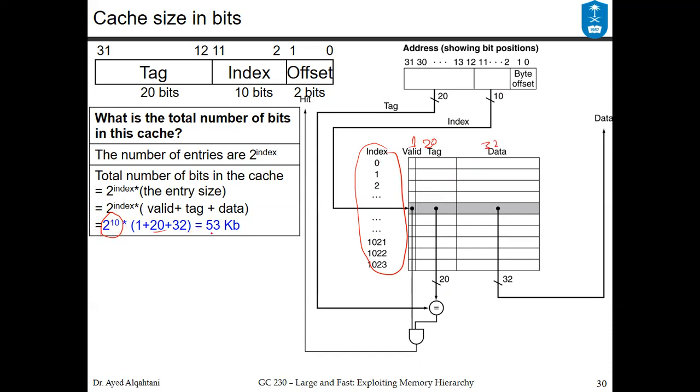And if you calculate this, you will find that it's going to be 53 kilobits. And be careful, it's kilobits. If you want to get how much in kilobytes, you divide this by 8 to get the result in kilobytes.